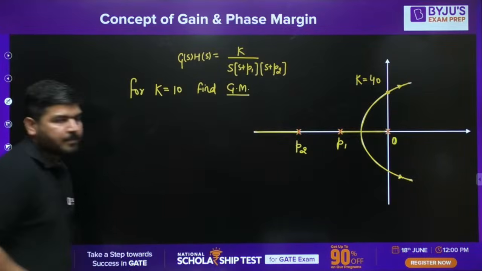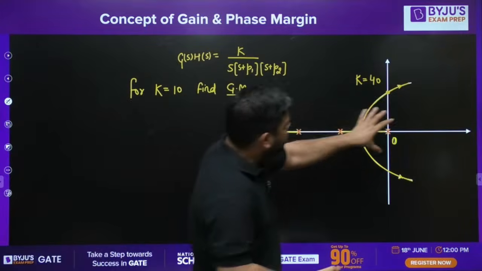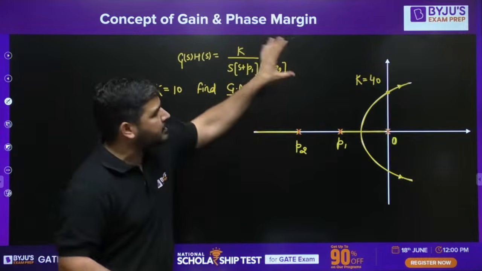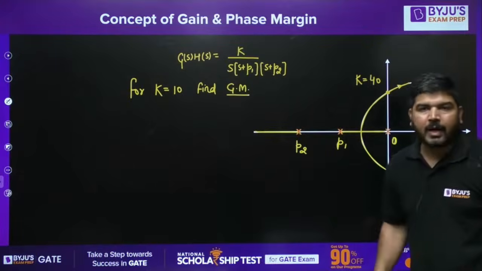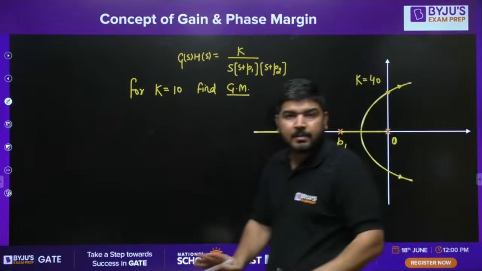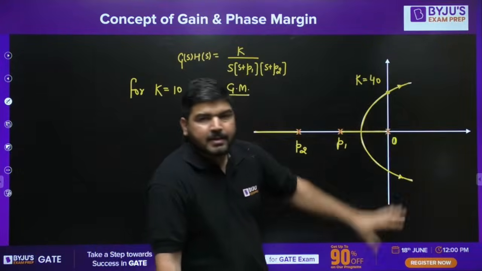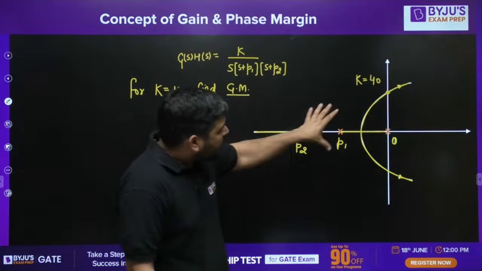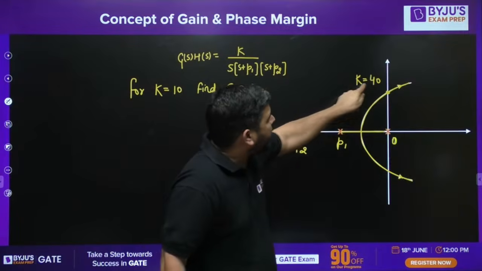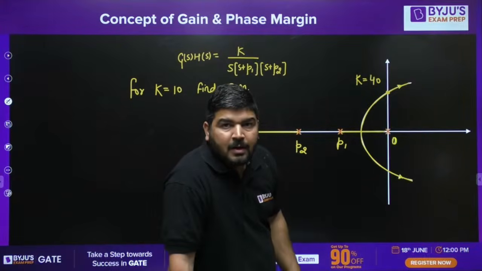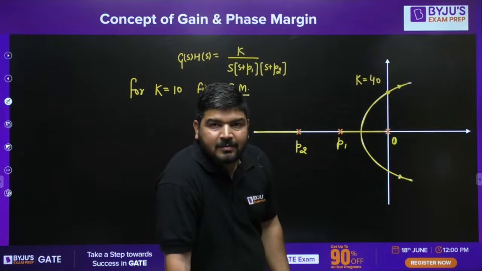So in this diagram, these things are provided to you and this GSHS is also provided to you. We need to find the gain margin. Okay, how to calculate the gain margin, guys? It's very simple. This root locus tells us that for k equal to 40, the system is marginally stable.